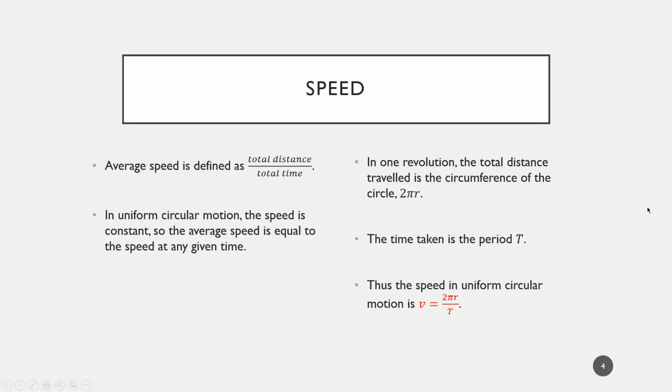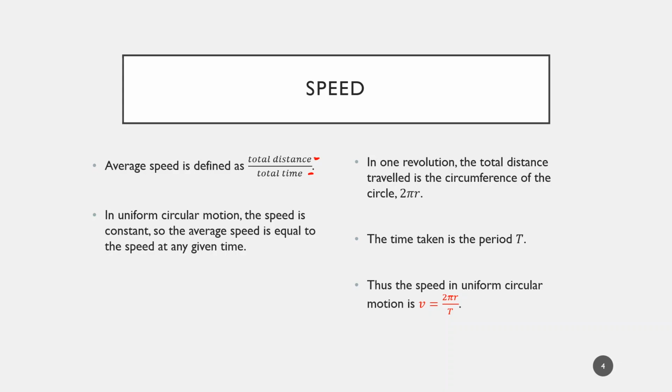All right, let's talk about the speed of an object in circular motion. The average speed. Remember, we defined average speed when we did our motion review ages ago. The average speed of an object is defined as the total distance that object has traveled divided by the time taken to travel that distance.